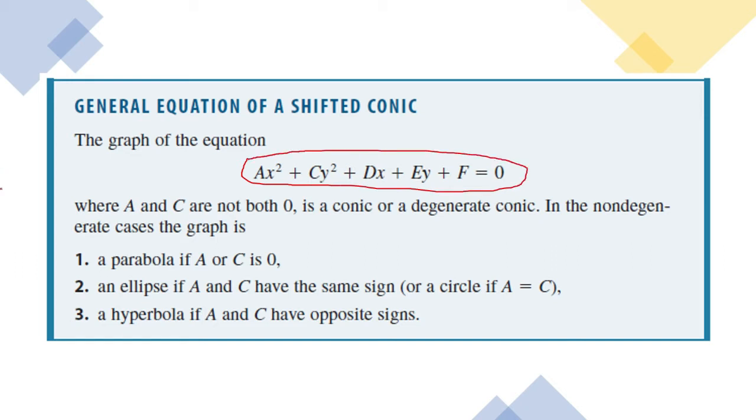In the next example, when I give you the equation of a conic in general form, you need to find the corresponding values of A, C, D, E, and F. When you have this information, you can decide if it is a parabola, an ellipse, a circle, or a hyperbola.